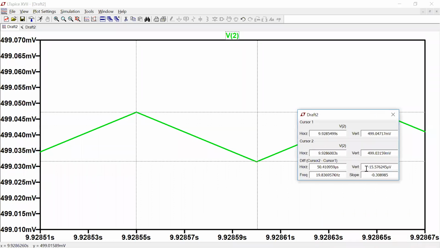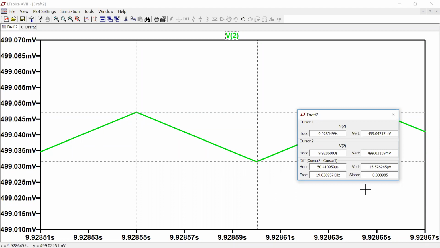So the input change was 0 to 1, so that's 1 volt. At 10 kilohertz, we were supposed to have minus 100 dB of gain. So that means we should have a 10 microvolt signal coming out.